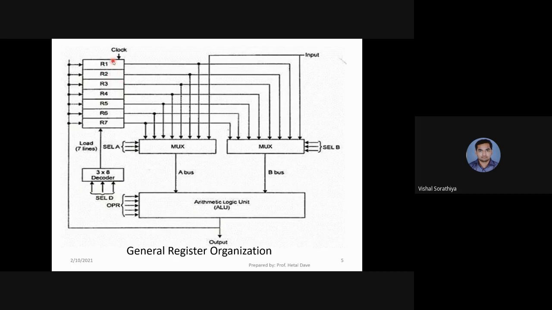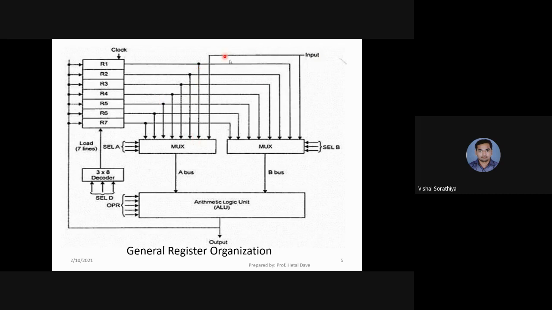So R1 will come to the A bus, and to do that in the mux I need to give 0, 0, 0 because it's a first line. We can say 0, 0, 1, that's the first line.